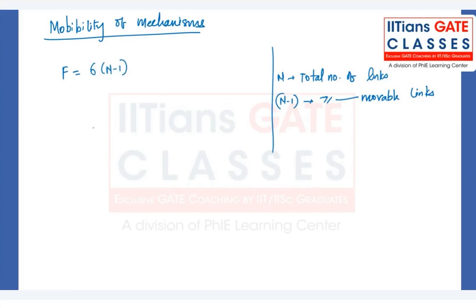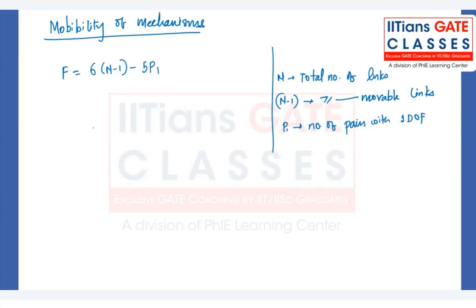Whenever we are making a pair, we are putting constraints, right? So let's say P1 is the number of pairs with 1 degree of freedom. It means we are putting 5 constraints on it.